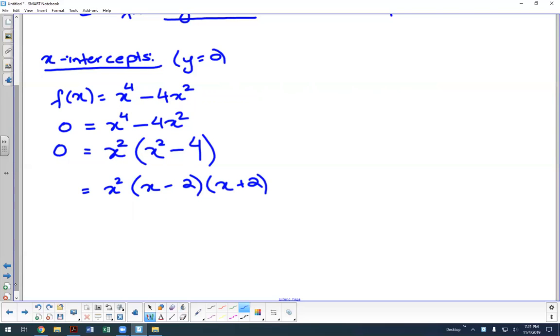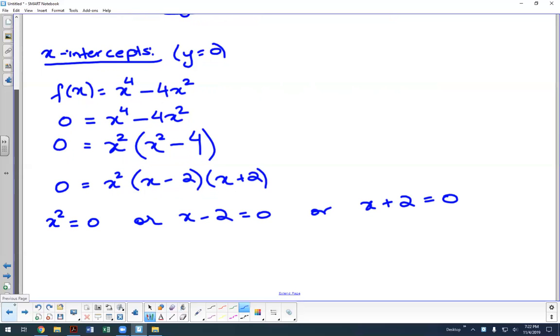Take each individual factor and set it equal to 0. All right, so we should get 3 different x-intercepts out of this, and then we should be able to talk about the behavior at each one of those intercepts.